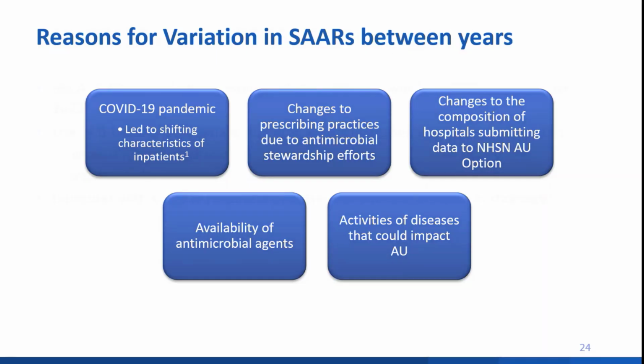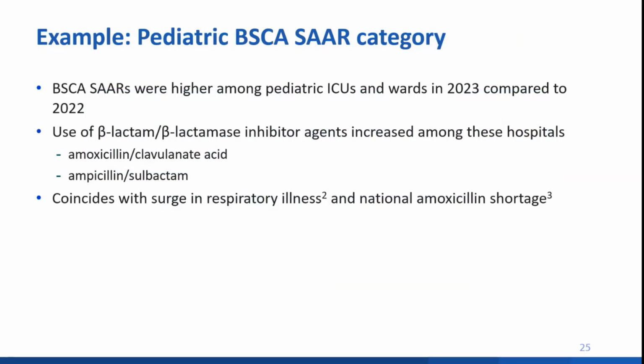So one example highlighting this, you may have noticed on a prior slide, there were higher broad spectrum antibacterial agents predominantly used for community-acquired infections, or BSCA SARs, among pediatric ICUs and wards in 2023 compared to 2022.